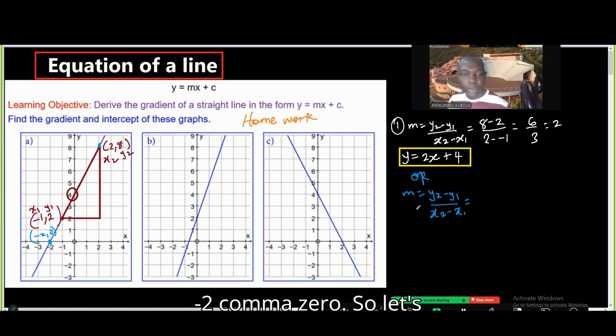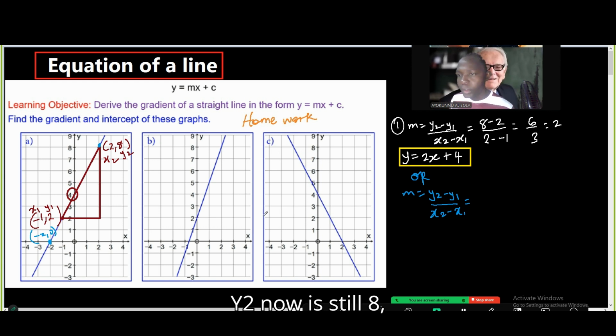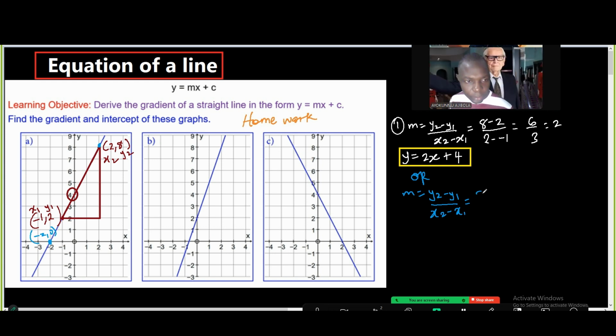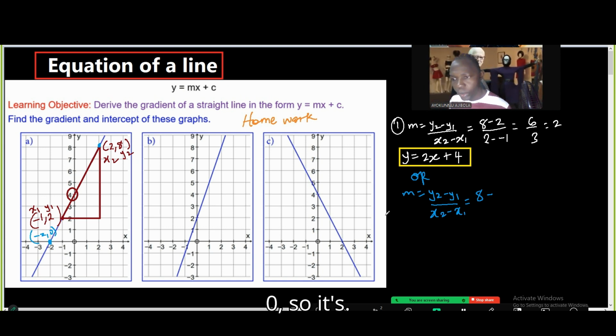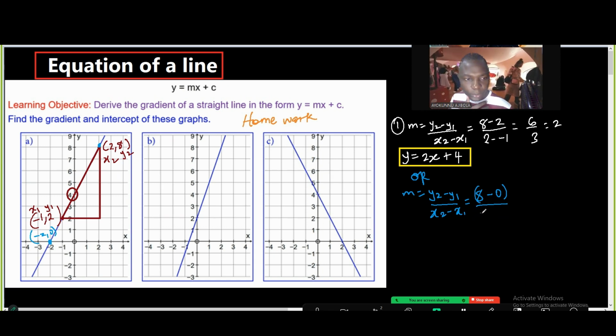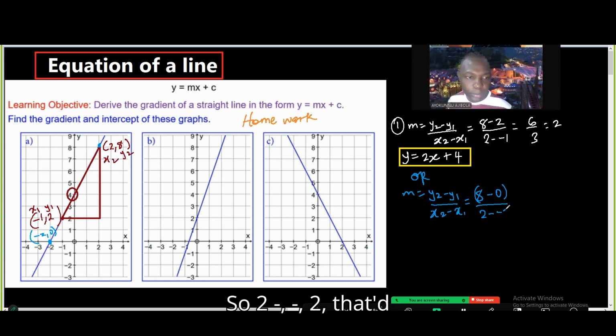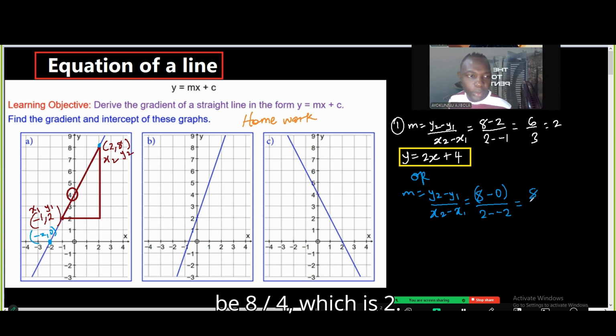So let's see what went wrong there. Y2 now is still 8, but Y1 is 0. Then X2 is still 2, while X1 is minus 2, right? So 2 minus minus 2, that'll be 8 over 4, which is 2.